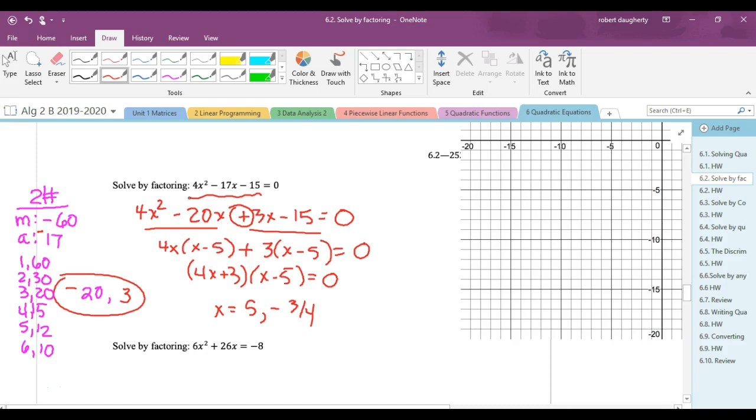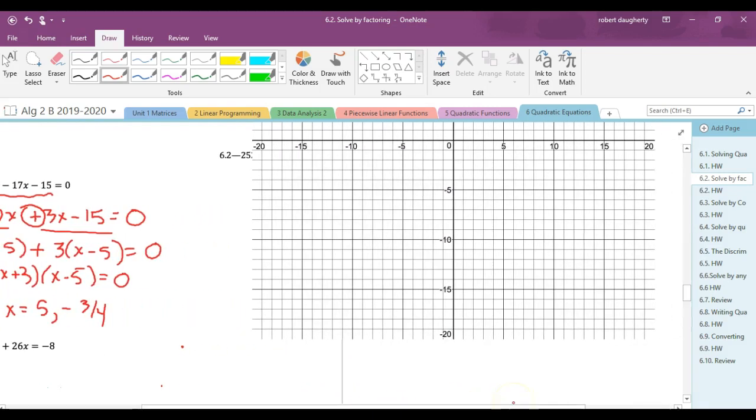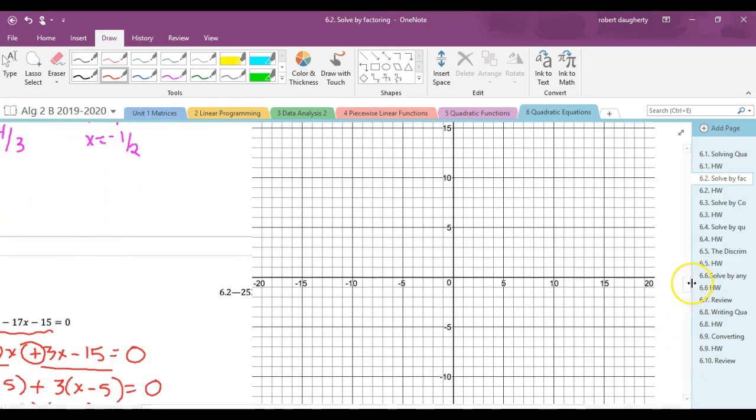So right now this looks like the form a, x minus p, x minus q. So the x-intercepts are going to be at 5 and negative 3/4. So if I were to try to graph this guy, somewhere here at 5 and at negative 3/4, I'm going to have x-intercepts, okay?